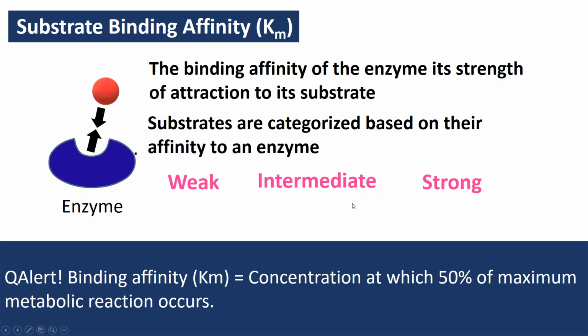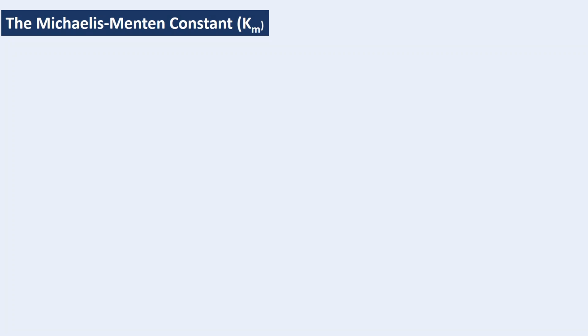Just to let you know, for exam purposes, you have to focus more on the strong affinity substrate because they result in more serious drug interactions. So often questions in the exams are more focused on the strong substrates.